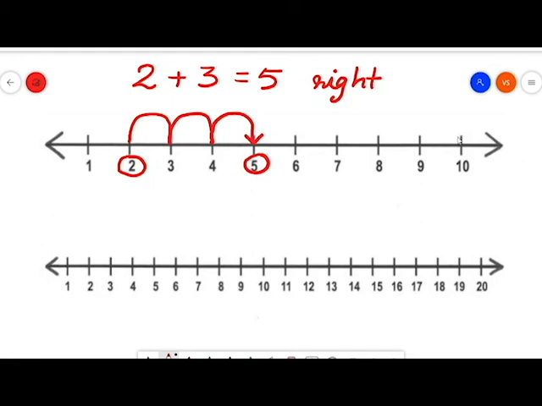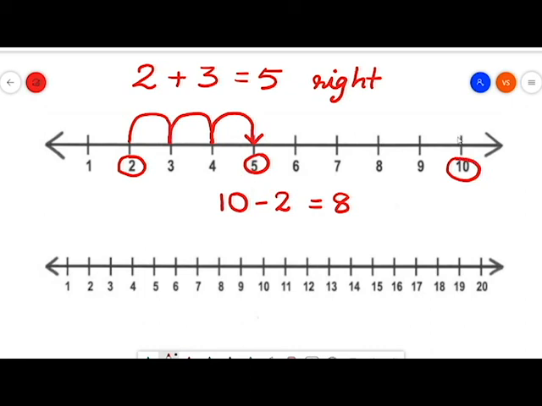The same thing when you apply for subtraction, what to do? For example, if you want to subtract 2 from 10, we know the answer is 8. As we did in the case of addition, we are marking 10, identifying 10 in this number line.